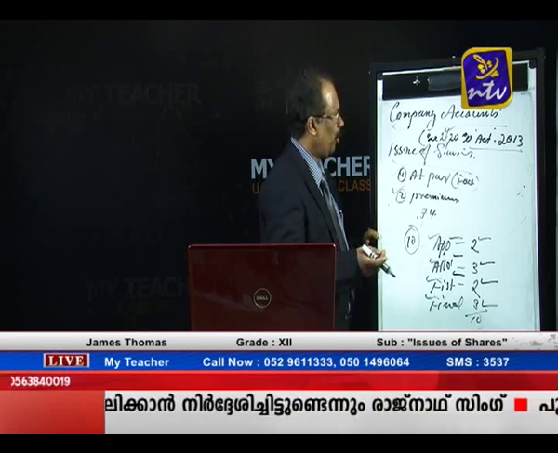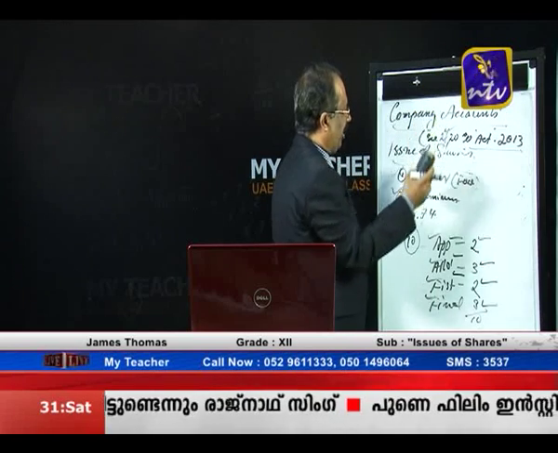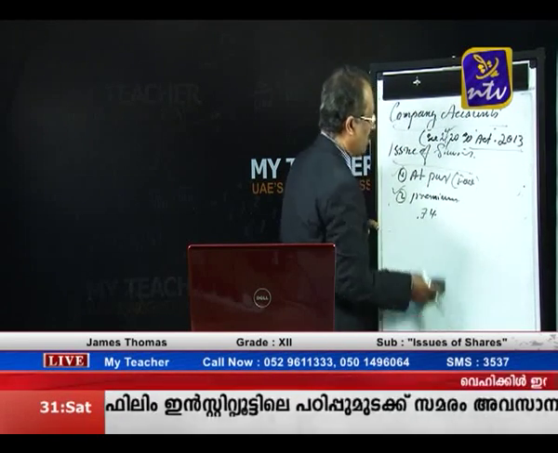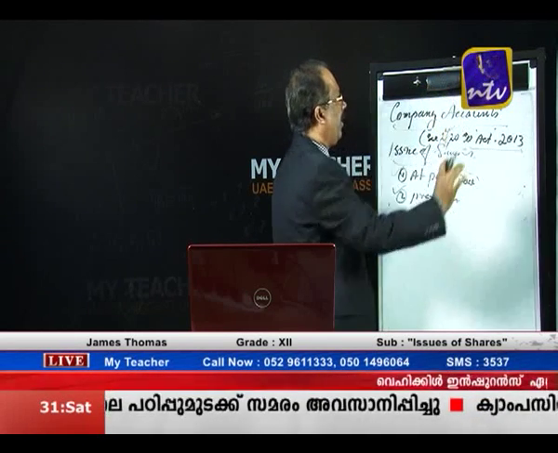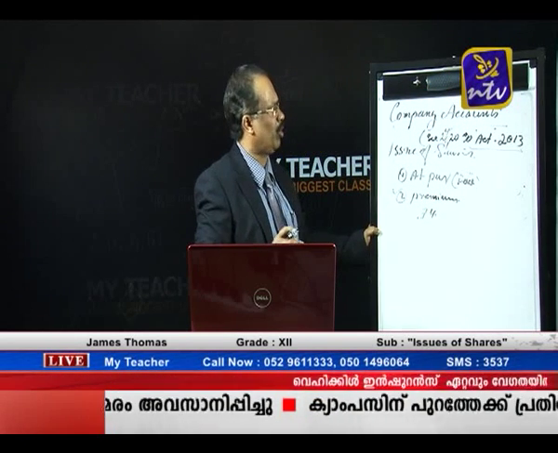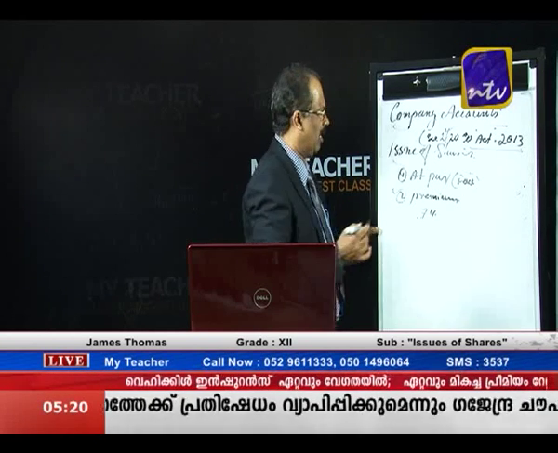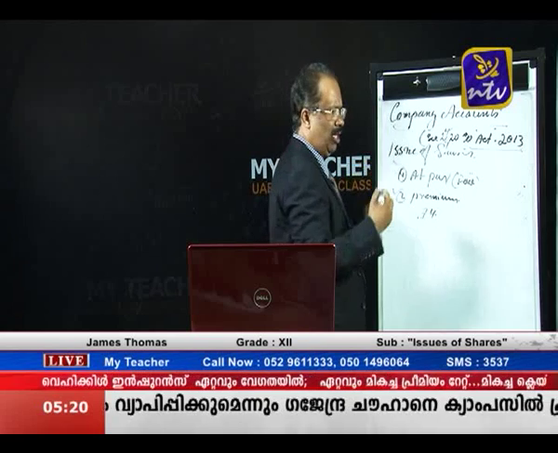Then our next point: what are the different types of capital? As per our new syllabus, as per section 2(8) of the Companies Act 2013, you can see the total capital. So what are the different types of capital?